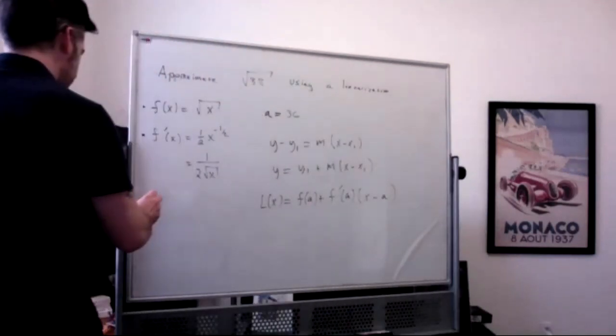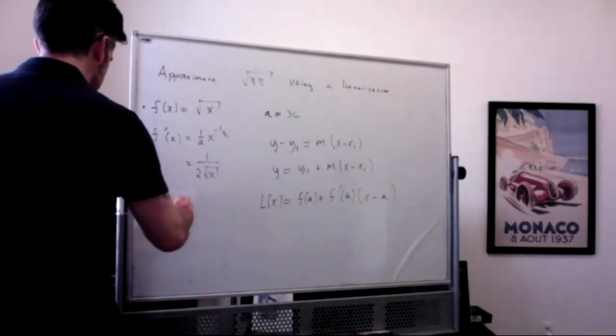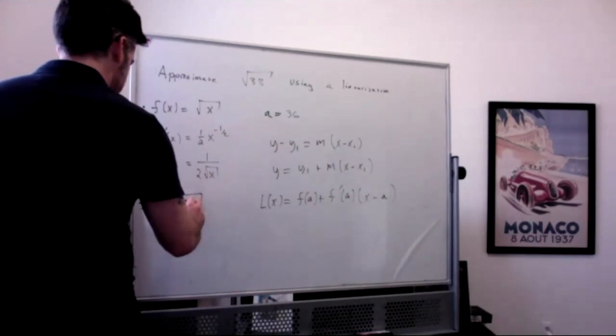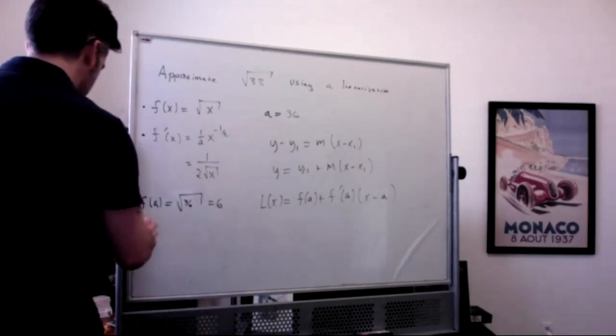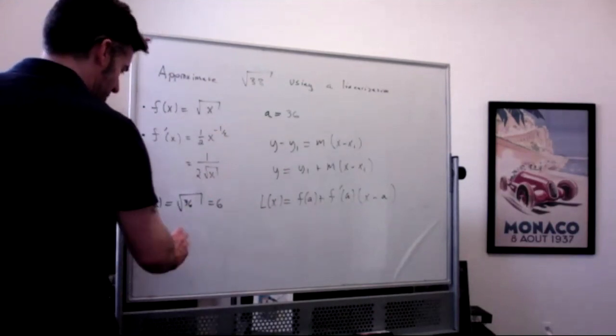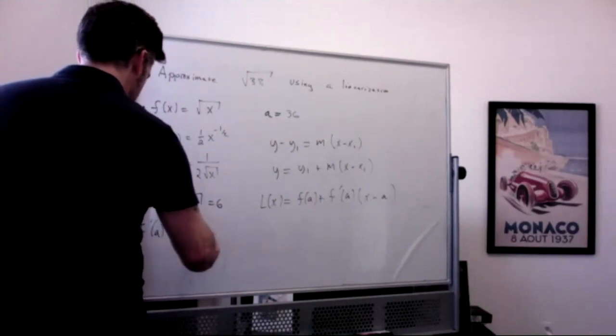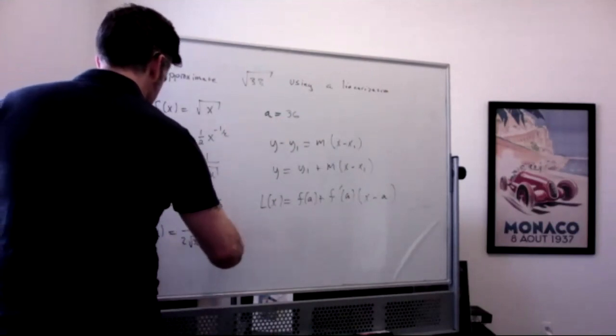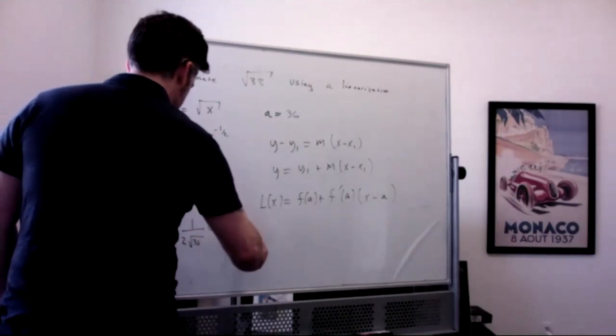Our f of a is the square root of 36, which is 6. Our f prime of a, which is our slope, is 1/2 root 36, which is 1/2 times 6, which is 1/12.